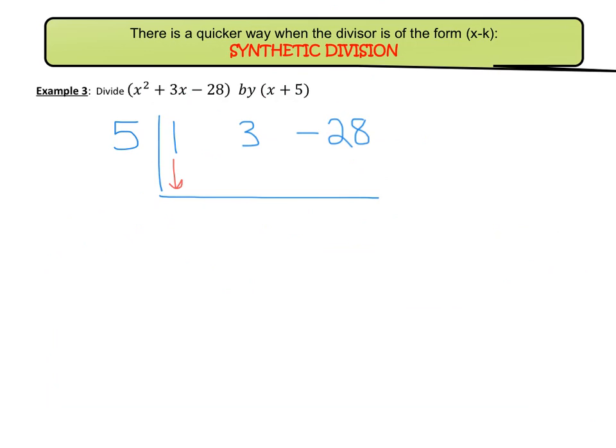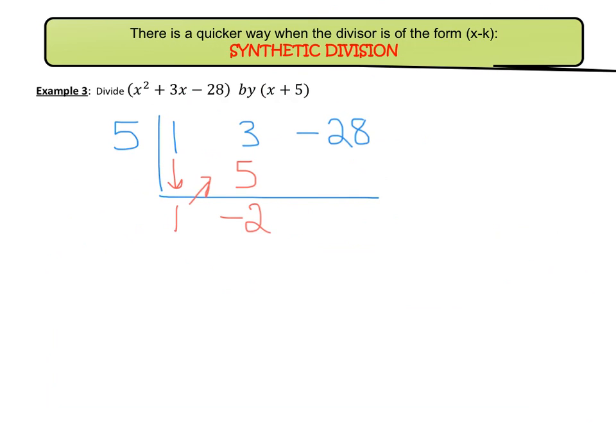And here we go for the process. We're going to bring down the 1. Then we are going to multiply the 1 times the 5, and we're actually going to write that number over here. So 1 times 5 is going to give us 5. And then similar to long division, we're going to now subtract. 3 minus 5 gives us negative 2. Now we're going to multiply again.